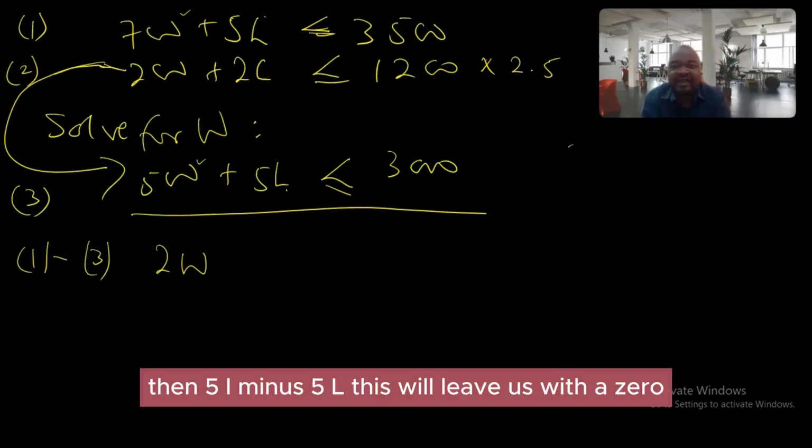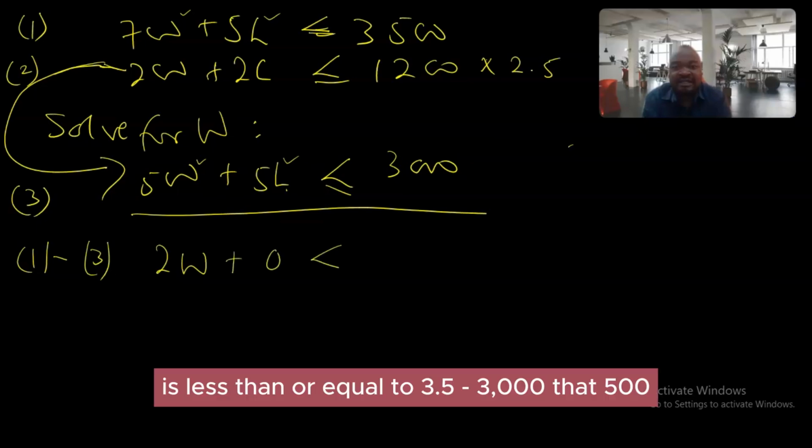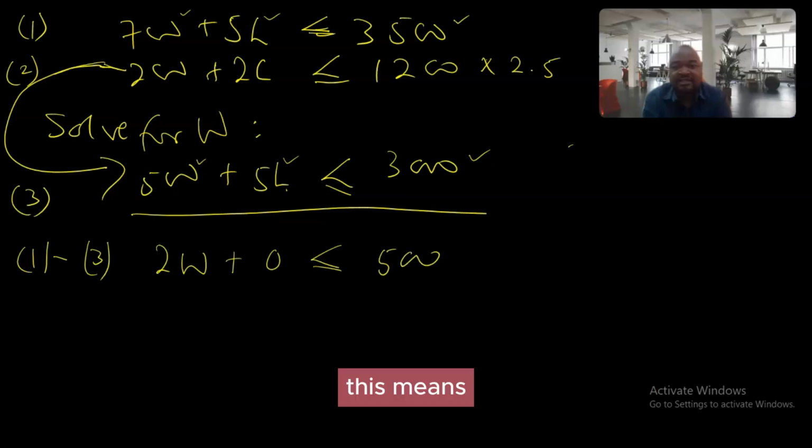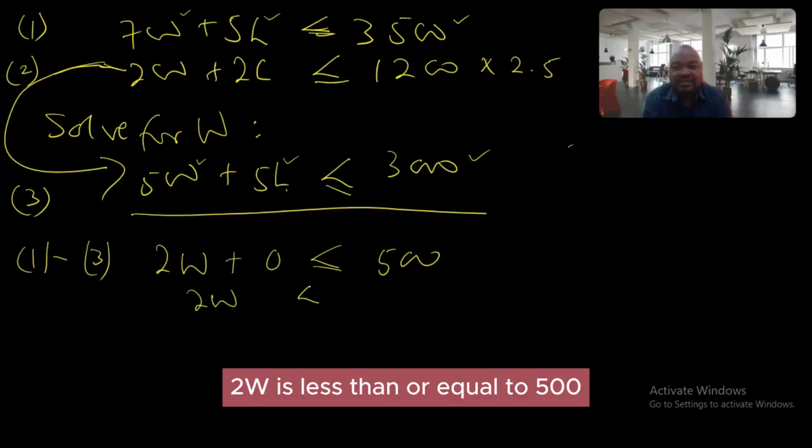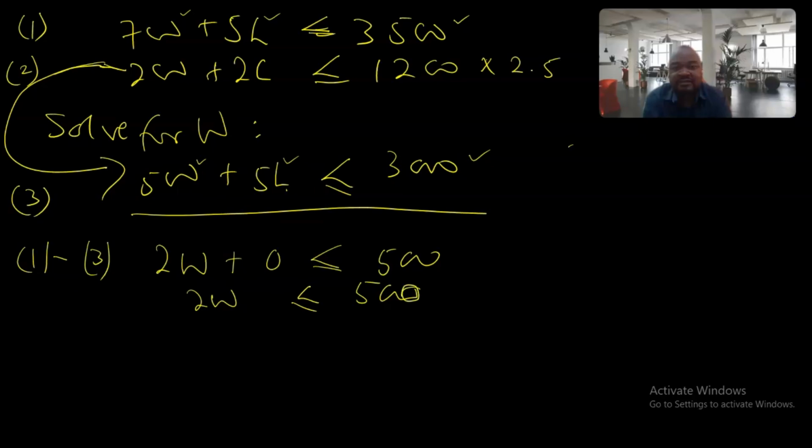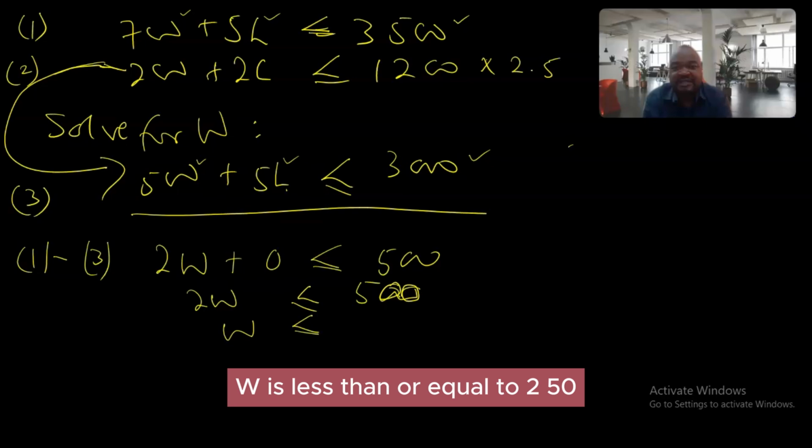Then 5L minus 5L leaves us with 0, is less than or equal to 3,500 minus 3,000, that's 500. This means 2W is less than or equal to 500, so W is less than or equal to 250.